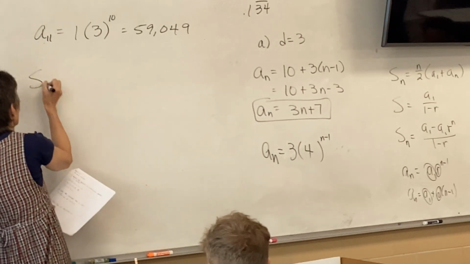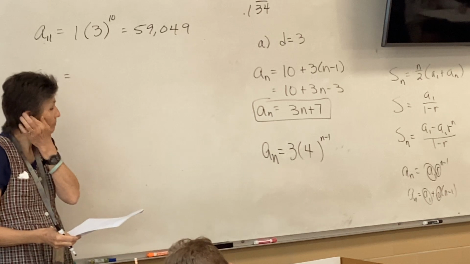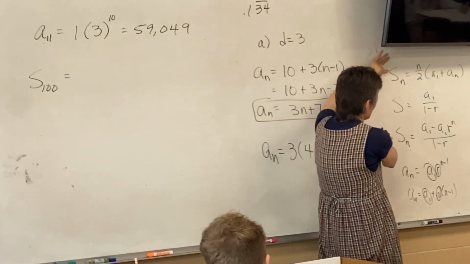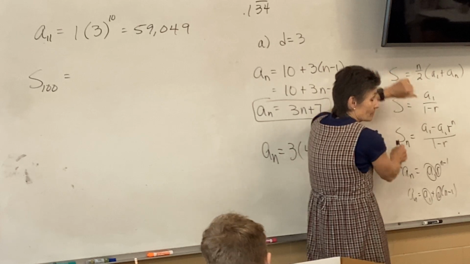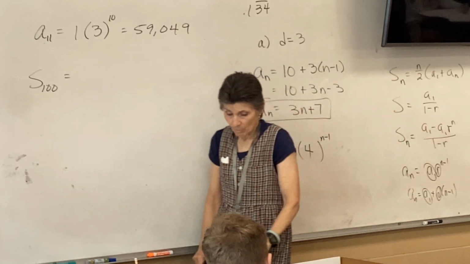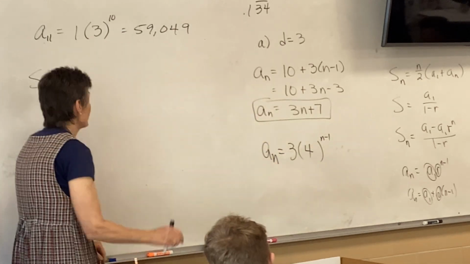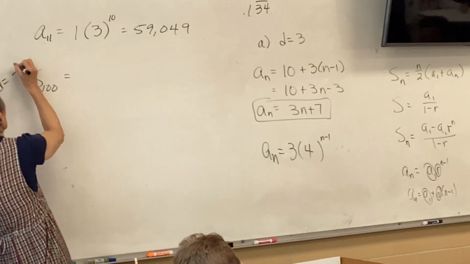S sub 100. Well, you're narrowed down to these two because these are the only two that are S sub. Are we arithmetic or geometric? Arithmetic with a common difference of -3.